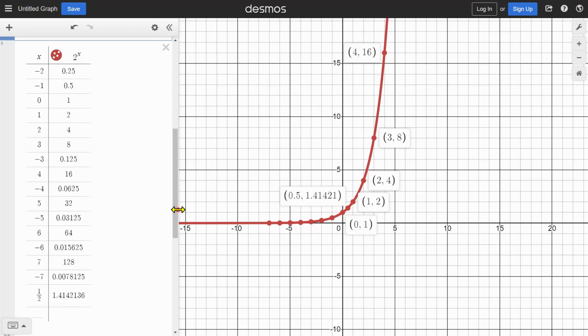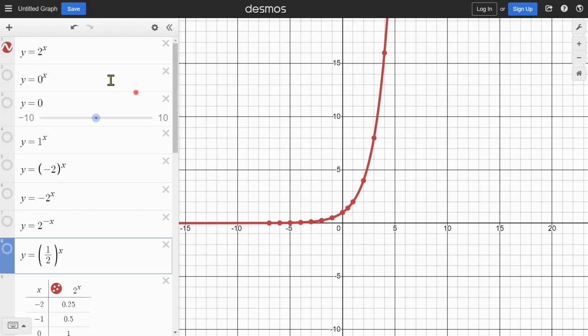Now, just to show you what bases are acceptable and which bases are not acceptable, let's say I do a 0. So if I do y is equal to 0 to the power x, what you see happens here is I'm actually going to get a ray. And really here at (0, 0), this really should be an open circle. It's undefined because 0 to the power 0 is undefined.